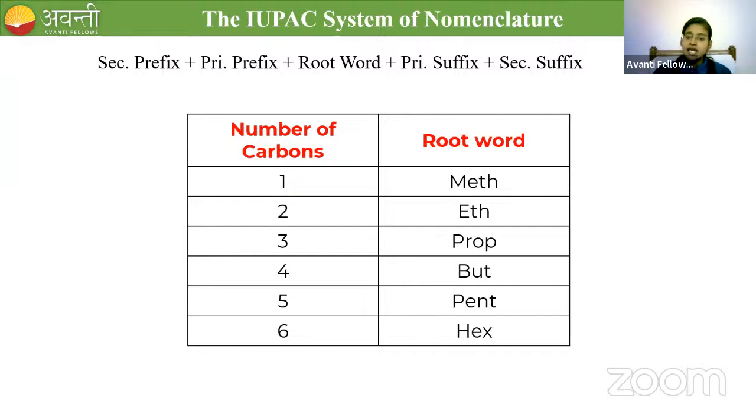That's why for ethane, C2H6, we used eth, right? If it has 3 carbons, prop. 4 carbons, but. 5 carbons, pent. 6 carbons, hex. 7 carbons, hept. 8 carbons, oct. 9 carbons, non. 10 carbons, dec.